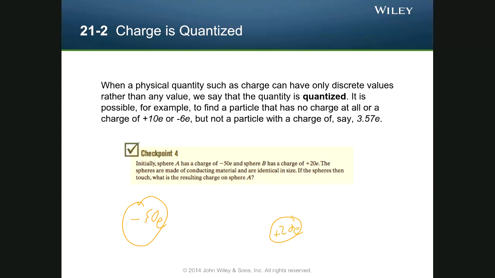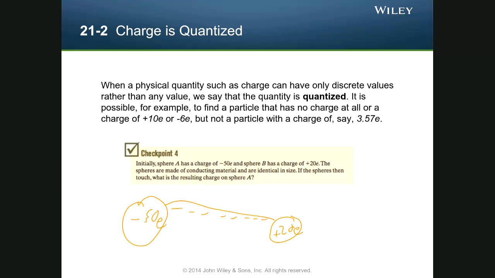So if the charges touch, the negatives and the positives will attract. So when they touch, like so, the negatives will be attracted to the positives and flow towards it, right?